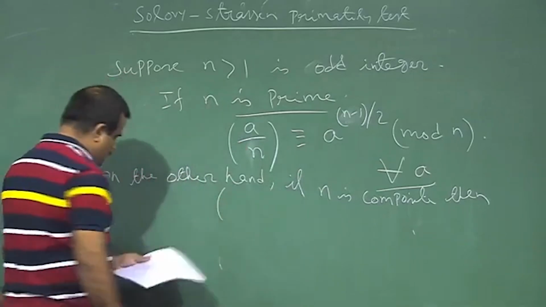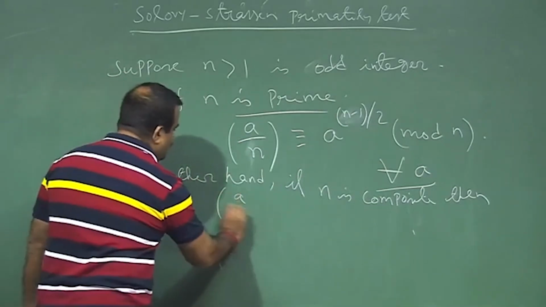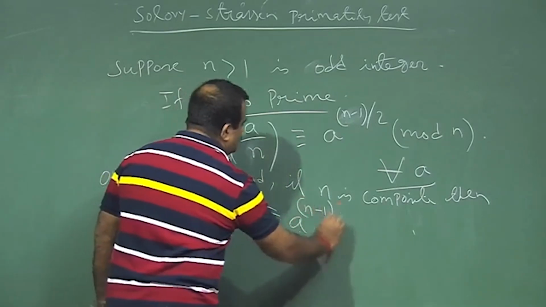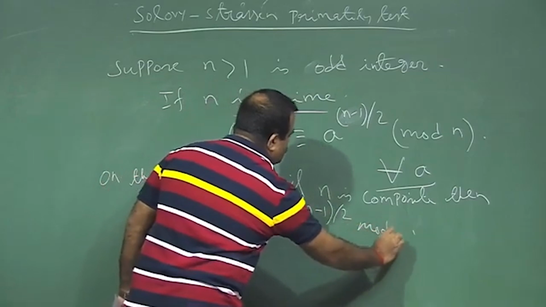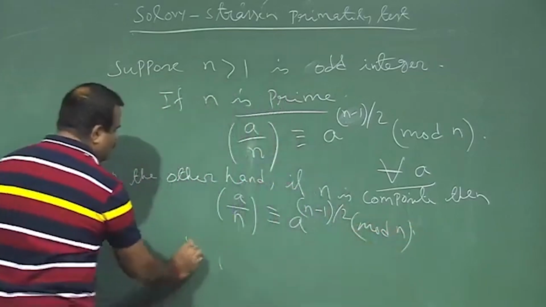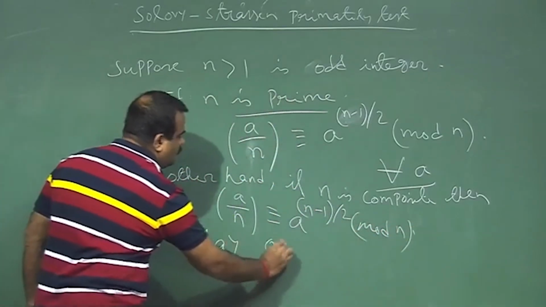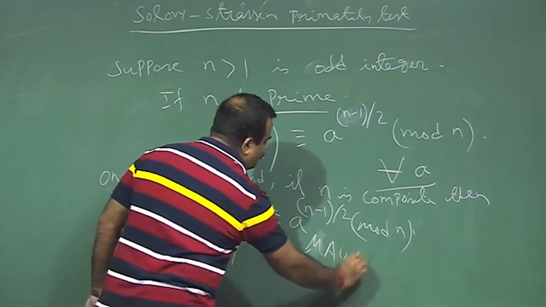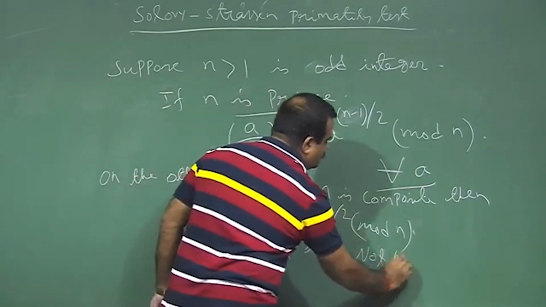Then a by n being congruent to a to the power (n minus 1) by 2 mod n may or may not be true.